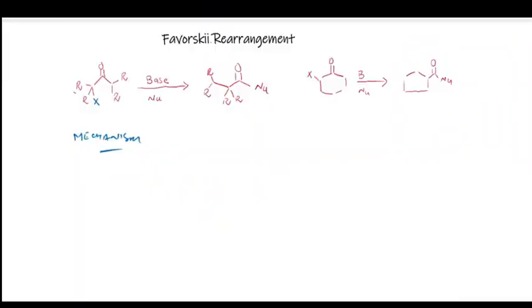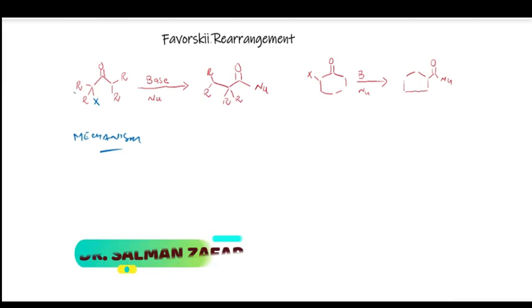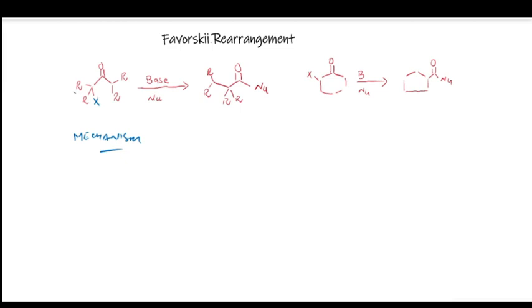Right, so Favorskii rearrangement involves the skeletal rearrangement of alpha haloketones that contain at least one alpha hydrogen to the corresponding carboxylic acids, esters, or amides in the presence of an appropriate nucleophile and a base.